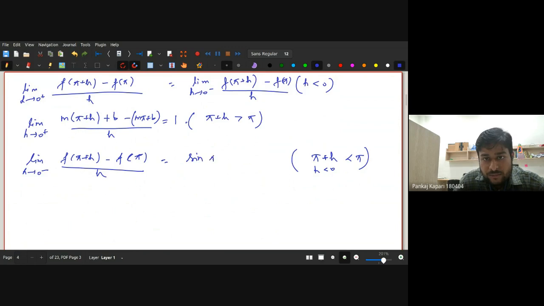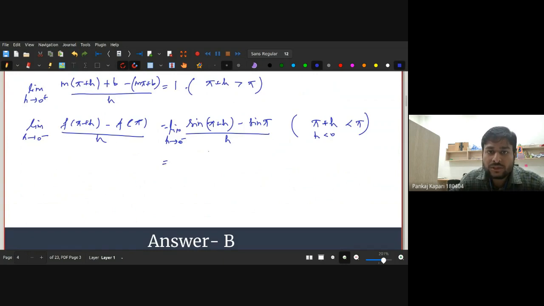So this is sin(pi plus h) minus sin pi, divided by h, as h goes to 0. Now again sin pi is 0, so we just have the limit h going to 0 minus. Now sin(pi plus h) is the same as sin of h.